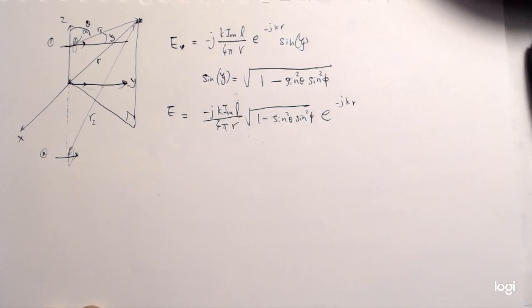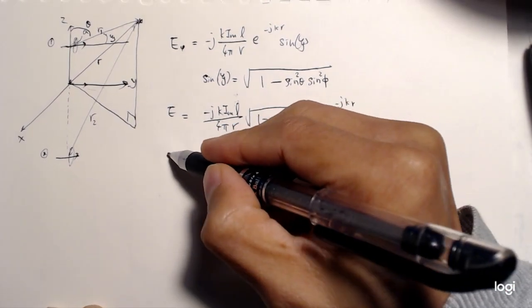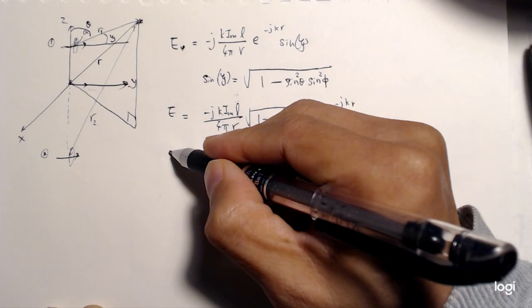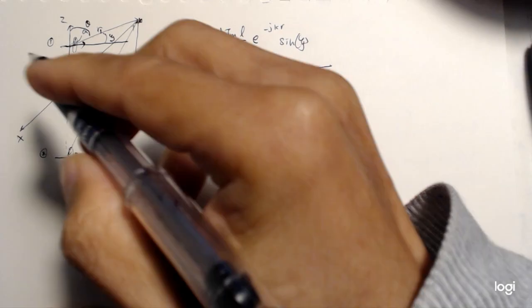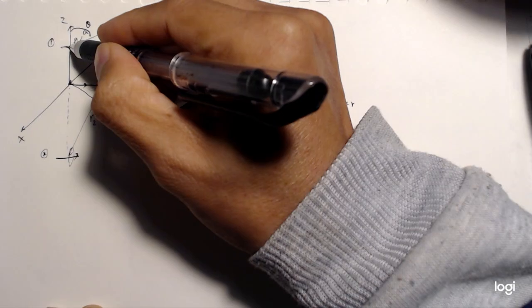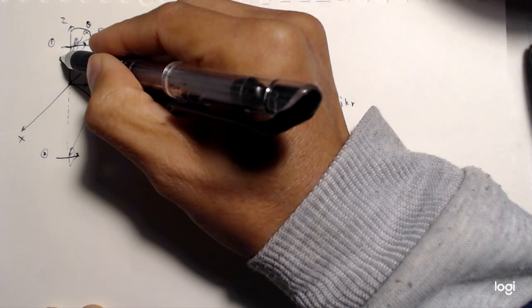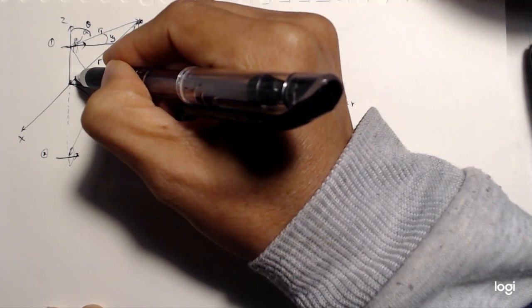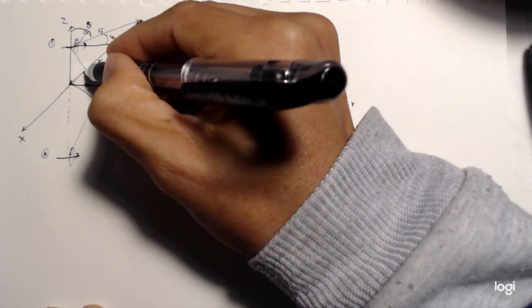Empirically, we have also derived the expression for R1. If you don't understand the derivation, you can just use the height here to work out the phase difference, the path difference.